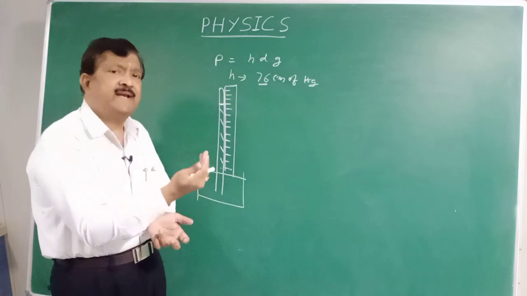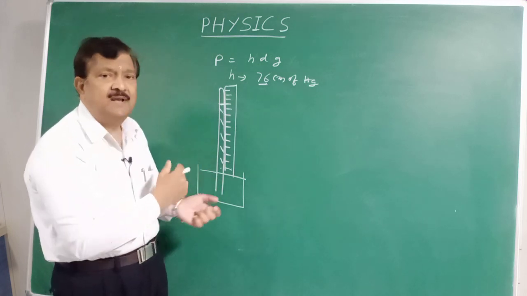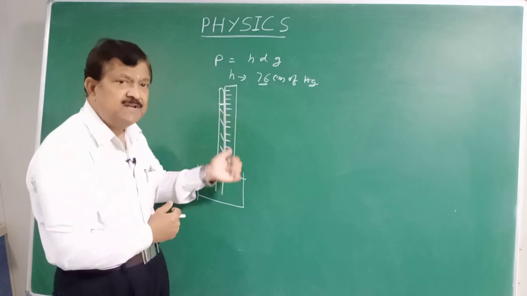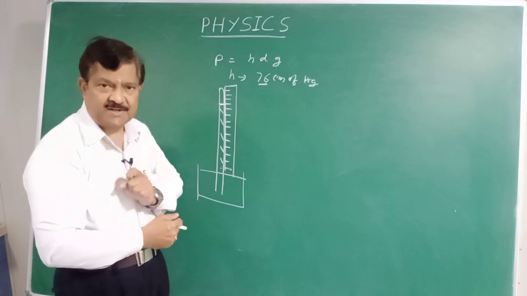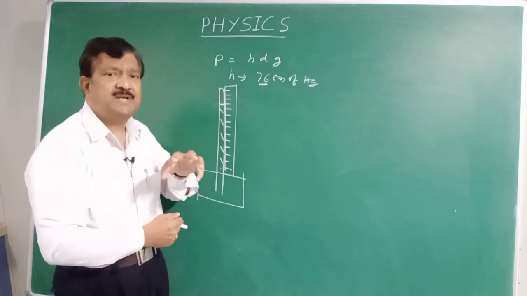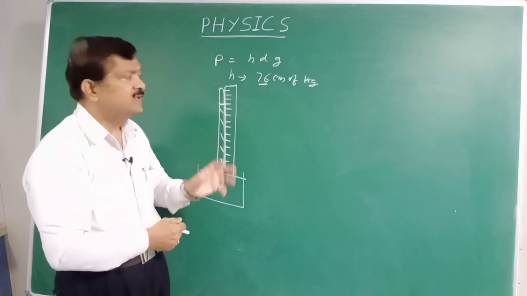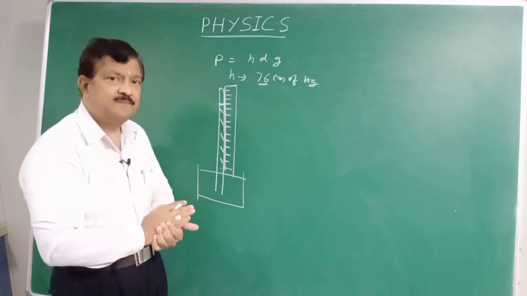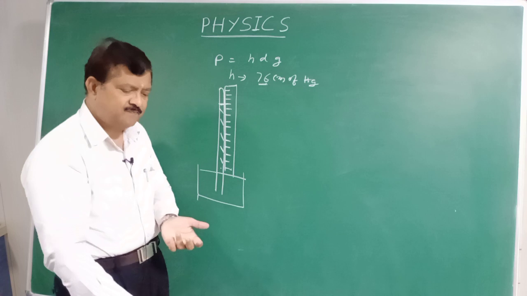Therefore, in both cases, we need some correction regarding the mercury's expansion and also the expansion of the scale. How do we make this correction to get the true value of the atmospheric pressure even at a high temperature?